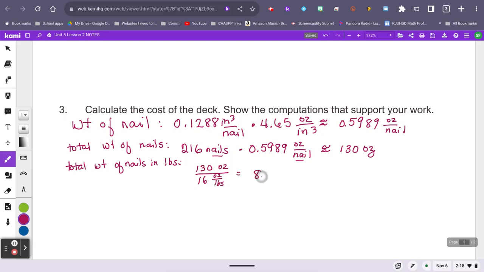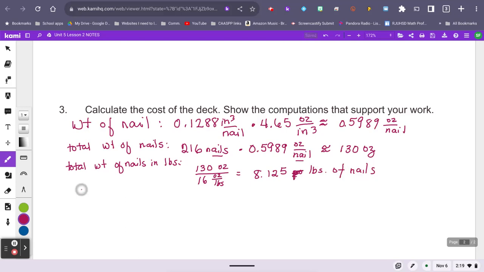We're going to get 8.125 pounds of nails. So we need a total of 8 and a fraction pounds of nails.